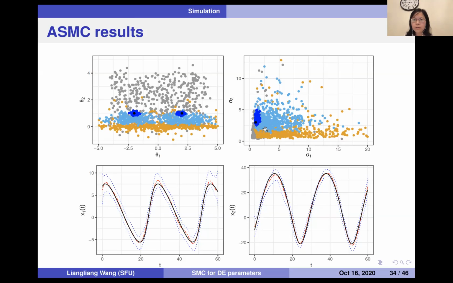Similarly for sigma 1 and sigma 2, we have these final particles, and this is the true value.